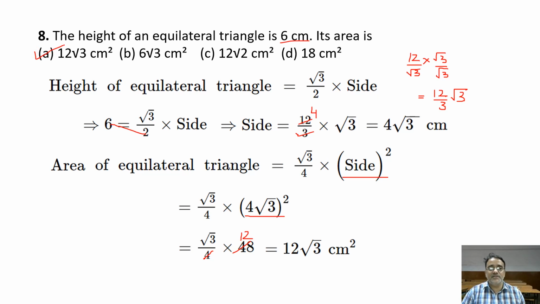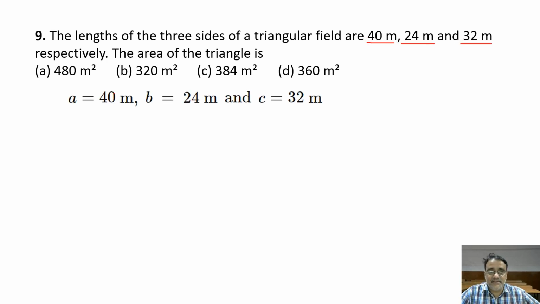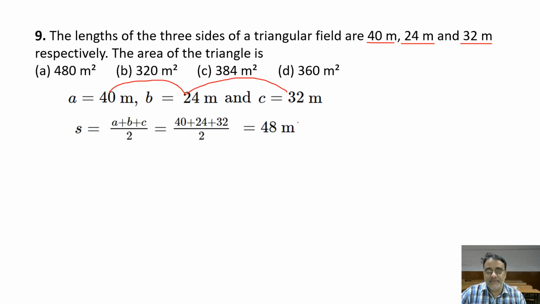Now we are moving towards question number 9. The lengths of the three sides of a triangular field are 40 meter, 24 meter and 32 meter respectively. The area of the triangle is dash. First we will take them as a, b and c. Now add all these numbers. 64, 96. 96 by 2, 48. 48 meter.